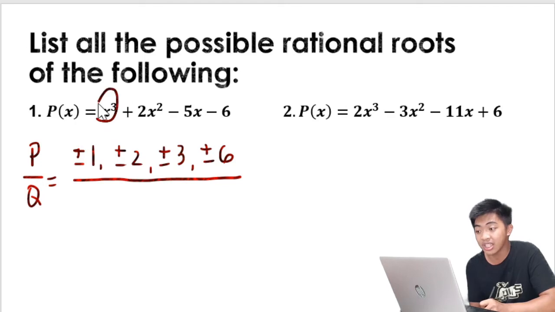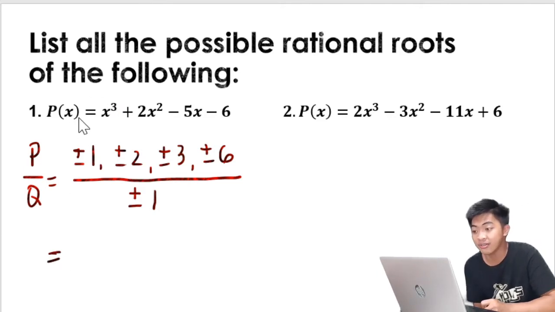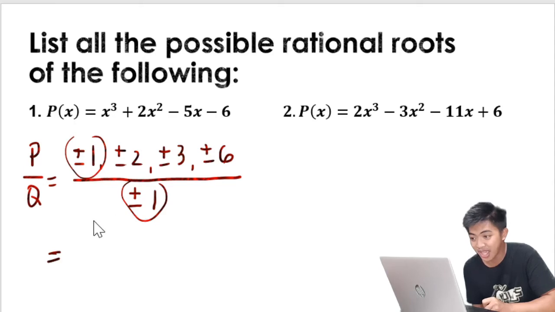At nandito po ang leading term natin. Ano ba ang coefficient nito? Walang number dyan, pero the coefficient is actually 1. And the factors of 1 are positive and negative 1. So, we just divide each factor from the numerator by each factor in the denominator. So, the possible rational zeros of this polynomial are: kung i-divide mo yan, that is just positive negative 1.